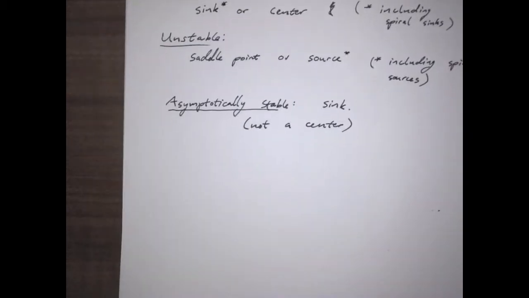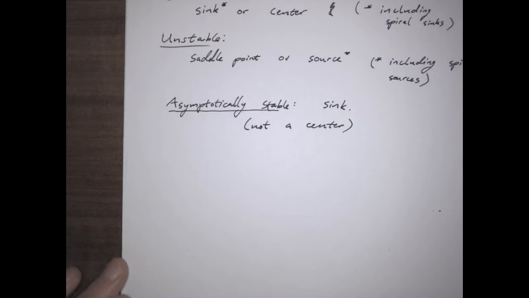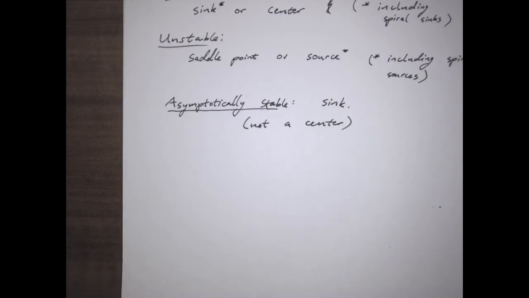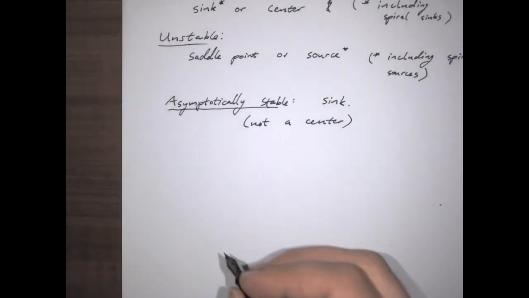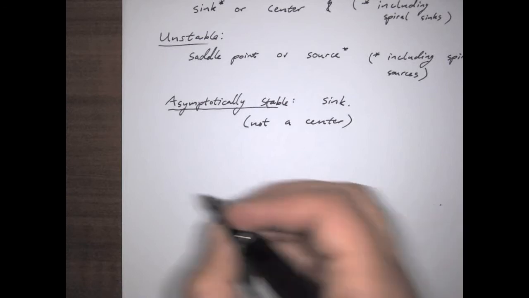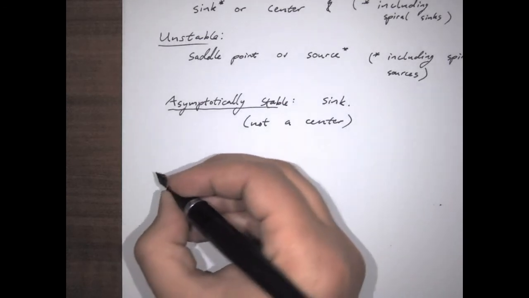So right now we're just going to eyeball systems and make our decisions based on the phase planes, but we'll have an actual rigorous way of determining what the nature of these critical points are going to be by using some eigenvalue stuff.